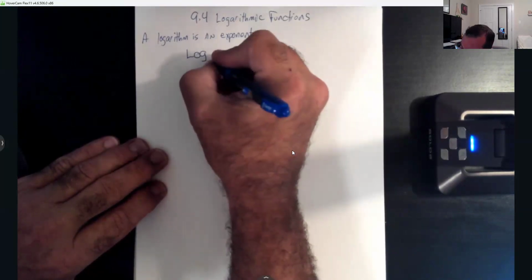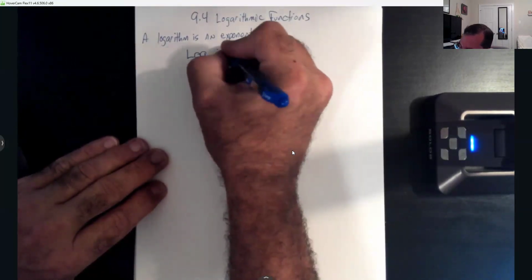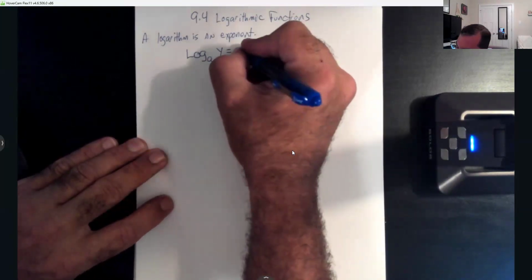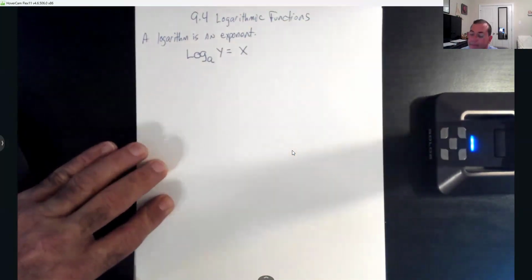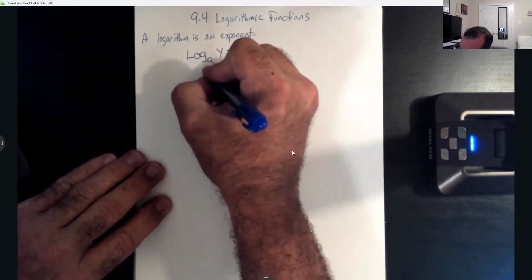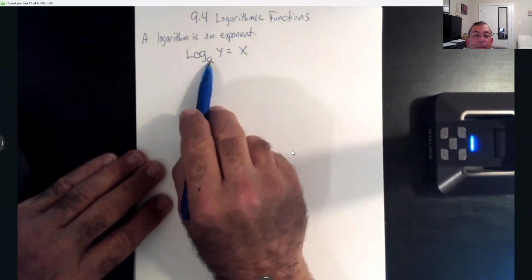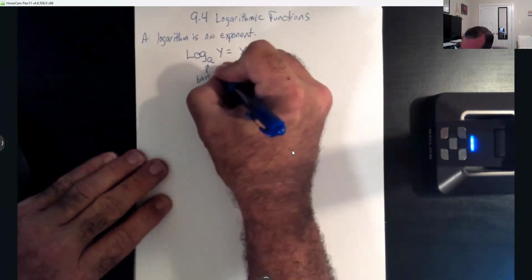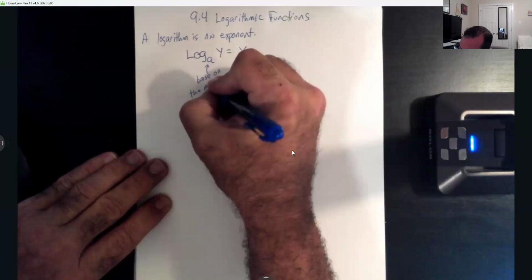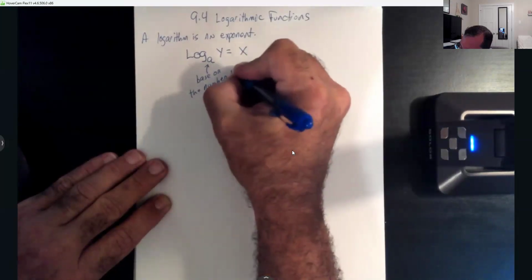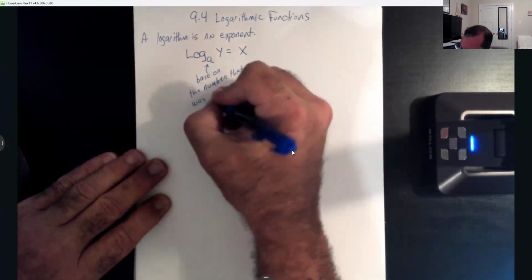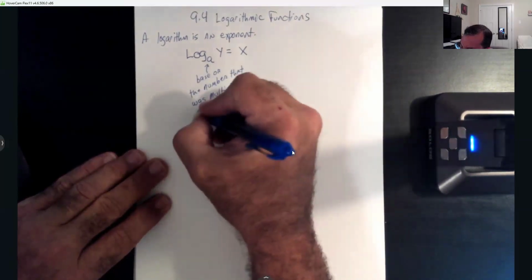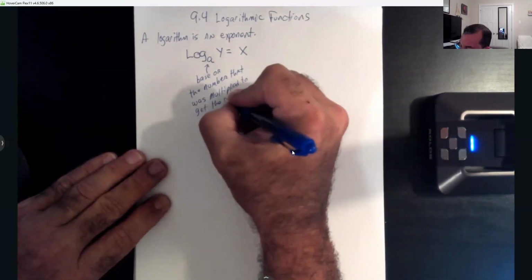Log A of Y equals X. All right, y'all, here's the thing about a logarithm. The little subscript A, that is the base, or the number that was multiplied to get the result.